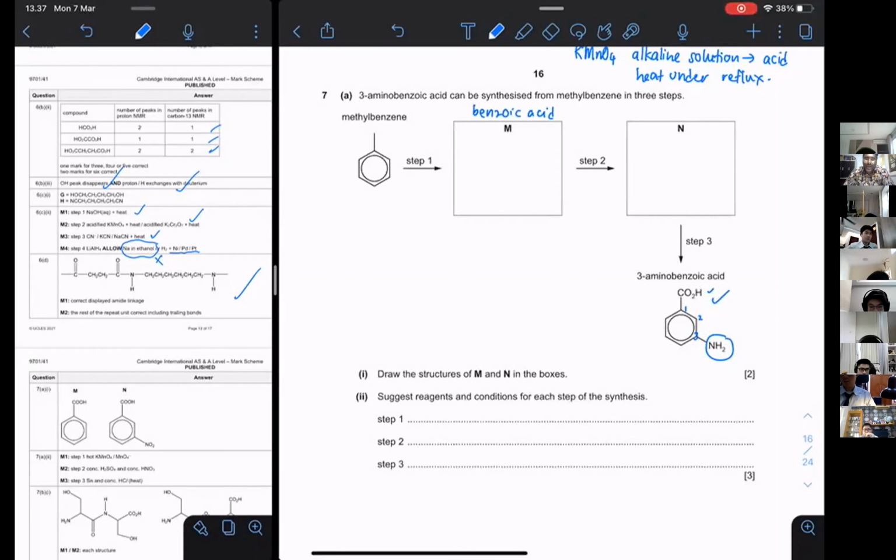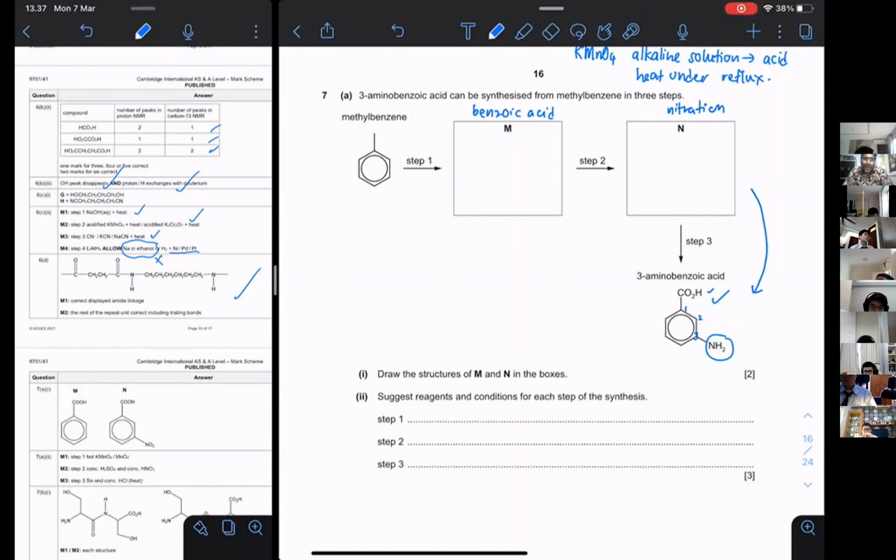After you put the benzoic acid, before you get this NH2, you need to do the nitration. When you do the nitration, the benzoic acid will direct the NO2 group into position number 3. Then from NO2, you can get the NH2. So that is how you do the reaction.